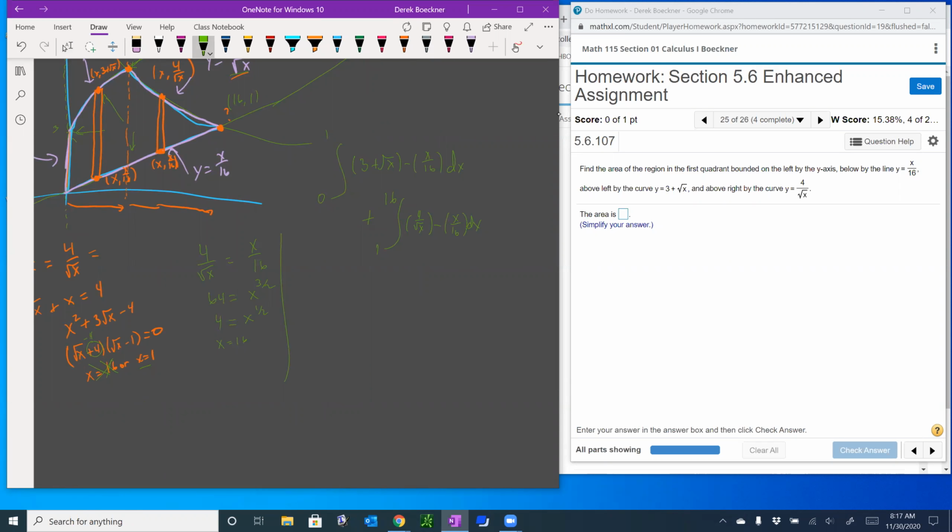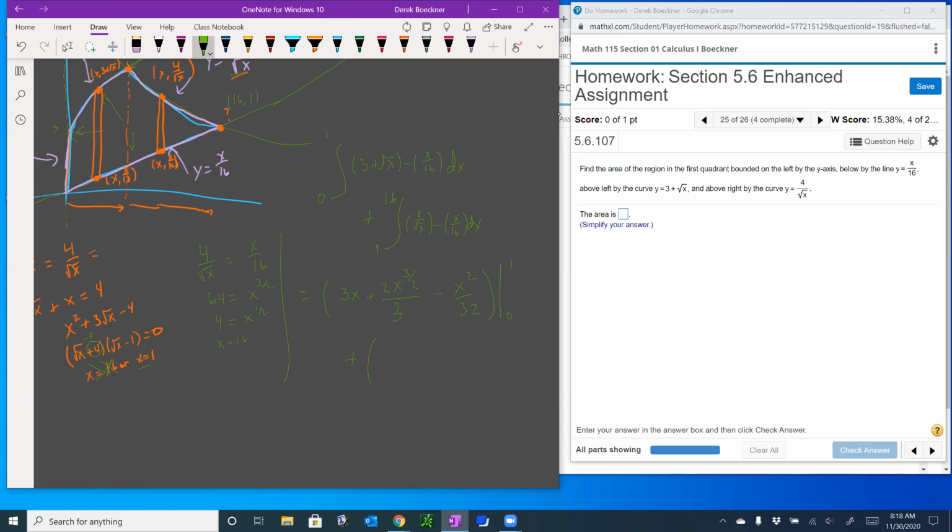So I would get 3x plus x to the 3 halves divided by 3 halves, which is the same thing as multiplying by 2/3, minus x squared over 32. That's going to be evaluated at 0 and 1.